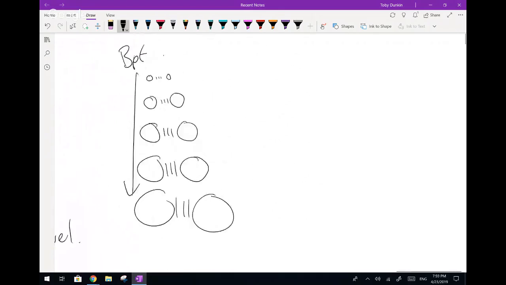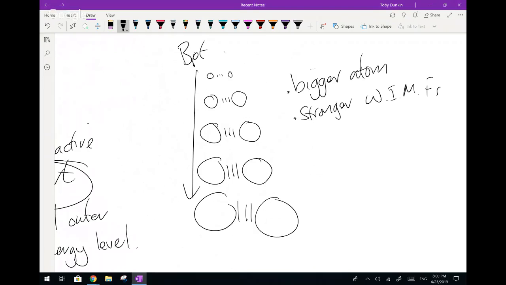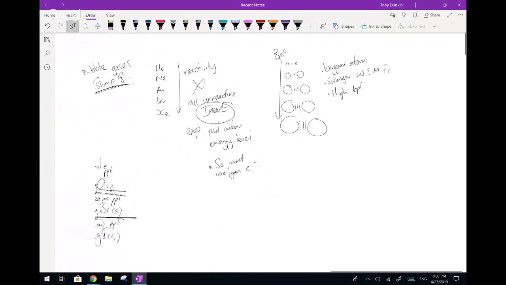So bigger atom, stronger WIMPs, stronger weak intermolecular forces, higher boiling point, higher BPT. And that's it. Really nice that.